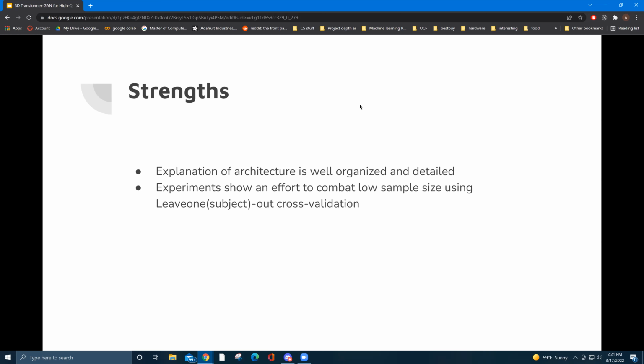Using leave-one-subject-out cross validation and the patches, they were able to at least help with their small sample size, and ultimately produce state-of-the-art results when compared to other models, specifically ones using GAN networks.